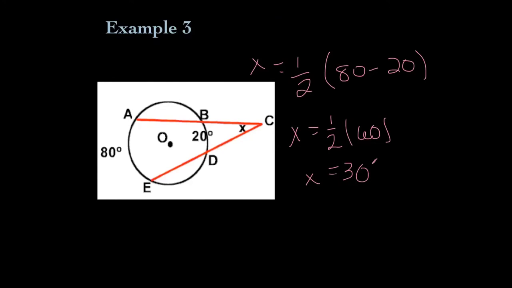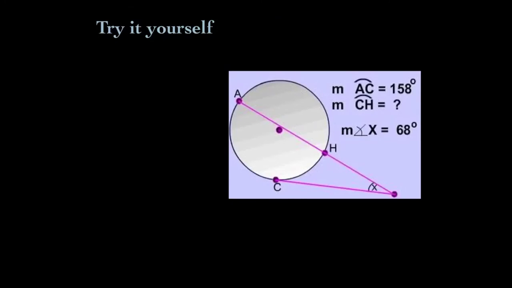I want you to try this example, which uses the same scenario. We have an angle that has its vertex outside the circle. This is our far arc, and it is 158 degrees. Here's the near arc, and that's what you're solving for. Actually, let me make that a little bit easier to see.